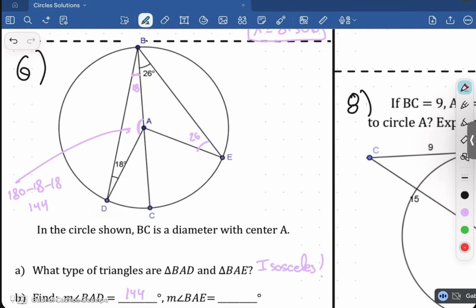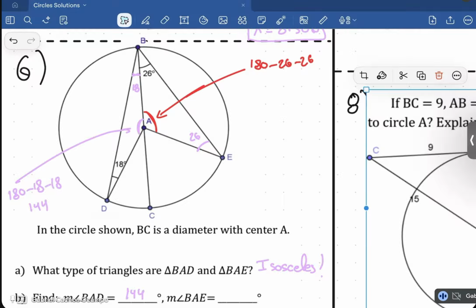Now, angle BAE, I find it in the same way. I just need to do 180 minus 26 minus 26. I am using my calculator. I am so sorry. This is 128.